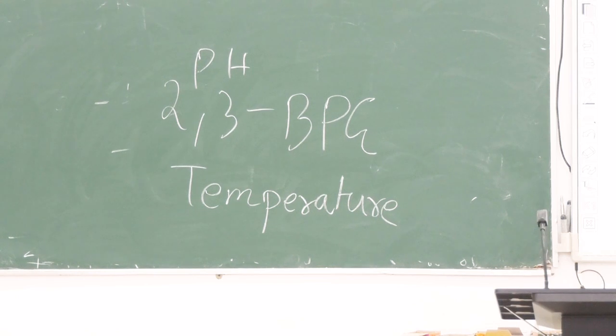More presence of H plus and 2,3-BPG reduces the affinity of hemoglobin for oxygen, and oxygen carrying capacity is reduced. That is, reduced pH and 2,3-BPG. Another thing is temperature. The higher the temperature, the more the oxygen carrying capacity of hemoglobin is hampered.